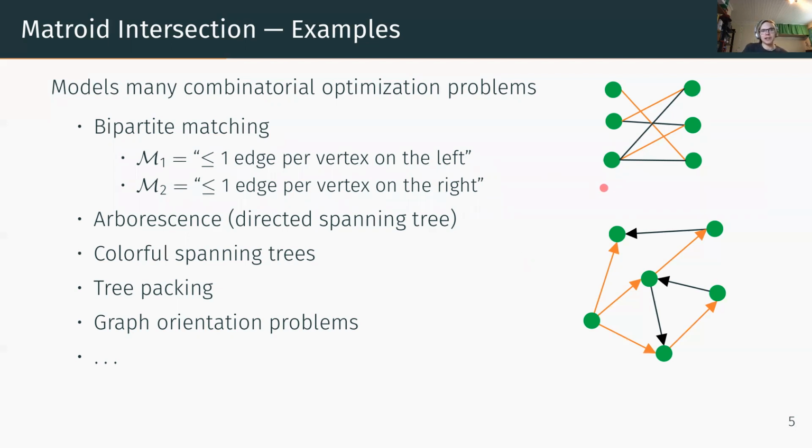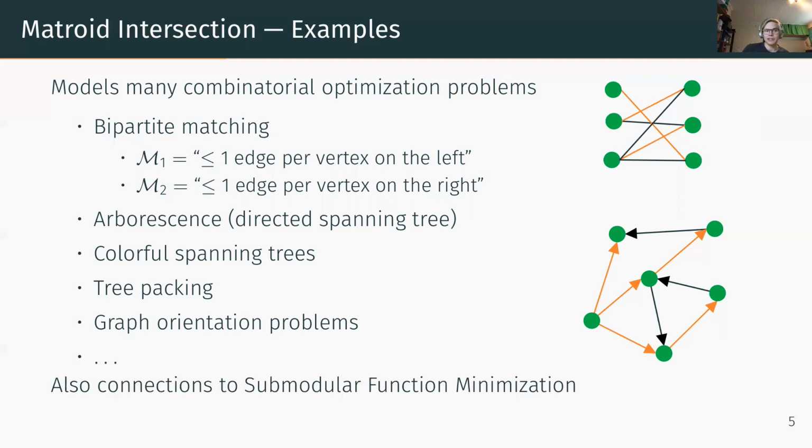In bipartite matching, the first matroid will specify that you use at most one edge per vertex on the left side of the graph, and the second matroid will say that you use at most one edge per vertex on the right side of the graph. So if a set of edges is independent in both of these matroids, it means that this set of edges forms a matching of this graph. And the matroid intersection problem, which finds a common independent set of maximum size, will in this case find a maximum matching of this bipartite graph.